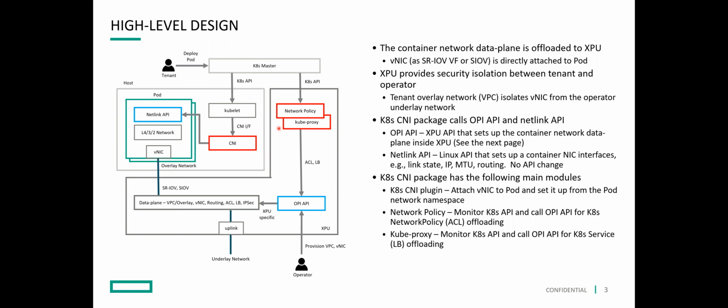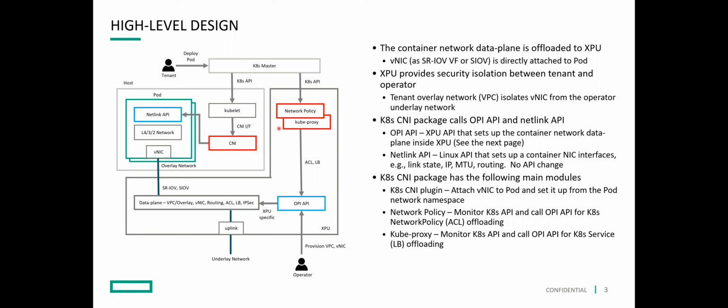So there is a service running here, provided by the OPI open source community, that can integrate with all the different network policies across the universe and translate them to a single XPU specific interface to the data plane.